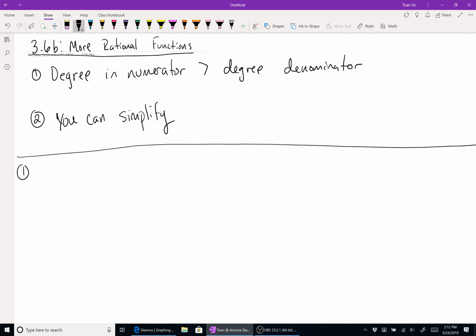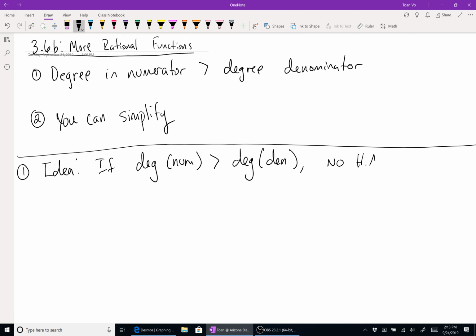So if the degree in the numerator is bigger than the degree in the denominator, you do not get any horizontal asymptotes. There are no horizontal asymptotes, but you have a slant asymptote.